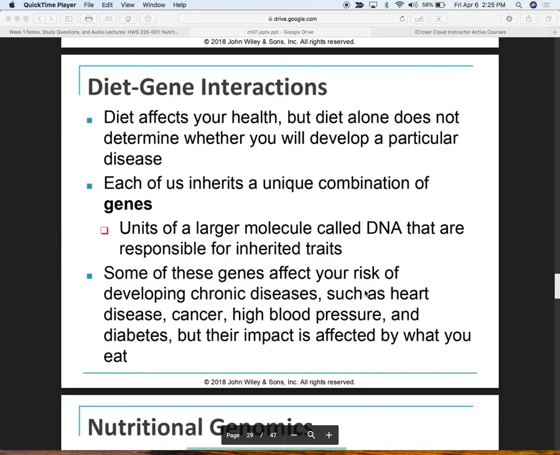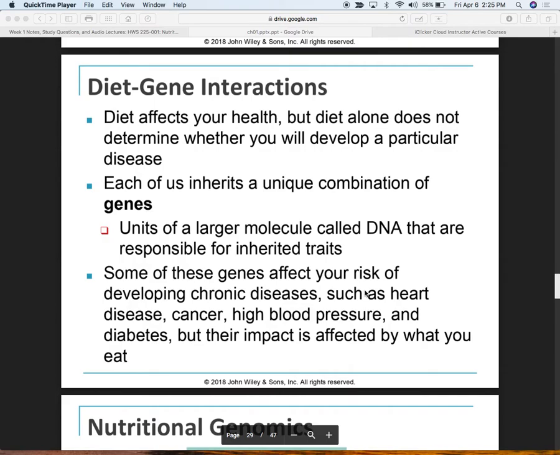And the point here is that each person, not in a warm, fuzzy, kumbaya sort of way, every single individual is just that, an individual. You have a unique set of genes that have been combined with whatever unique environment that you developed in the womb, that you grew up with, that you've been exposed to.